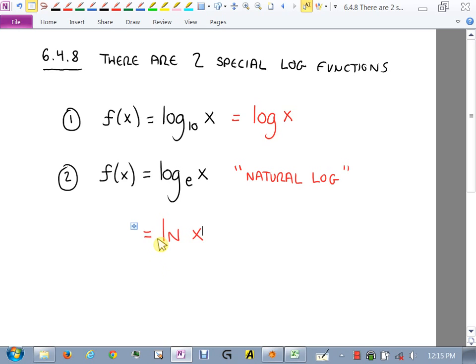So this is not IN, this is LN. You should have both keys. Most calculators have both keys on them. You should have a LOG key. You should also have an LN key. And if you have an advanced calculator, you probably only have one of those, because it turns out that you only need one. But that'll be next class. We'll talk about why you only need one log.